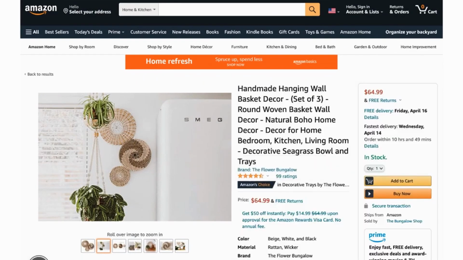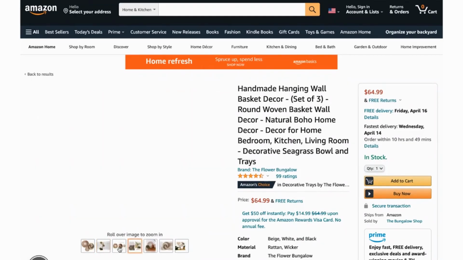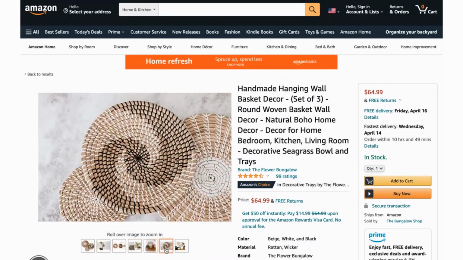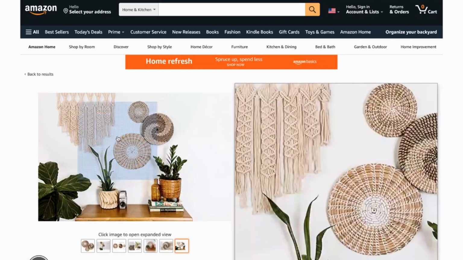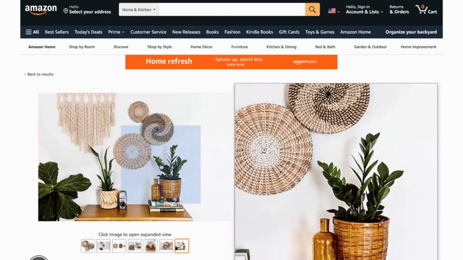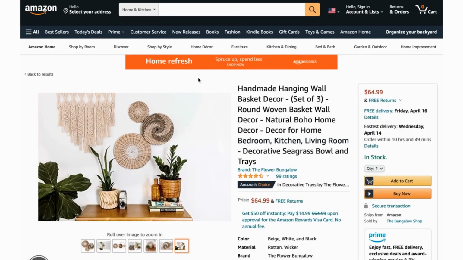As we have seen, it is generating pretty decent profits. So I would do further research on this specific item to see if it is something I can also sell and make profits on. You don't have to sell exactly the same style or design. You can sell something different and still rank and may be able to sell really well within this niche.